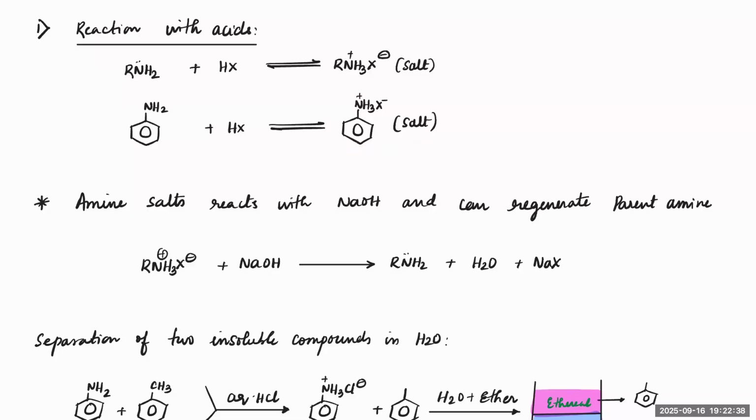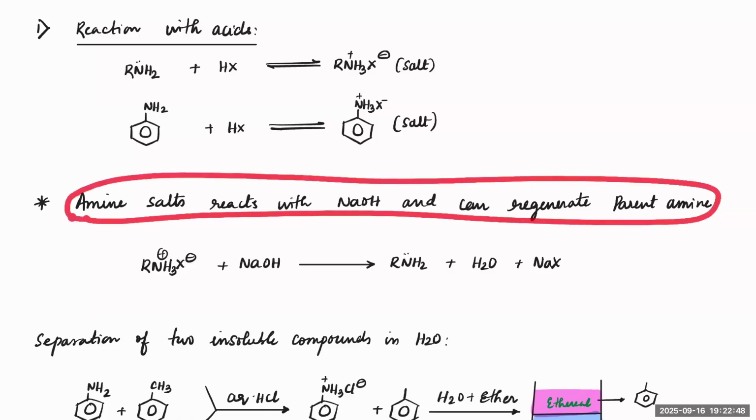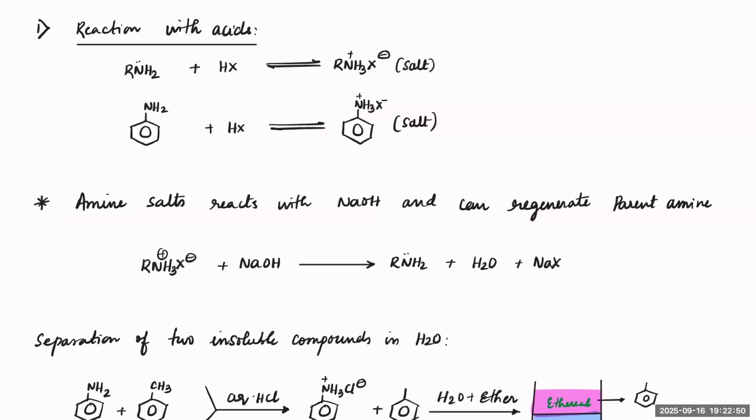These are the salts you will get. Now, amine salts react with NaOH and that can regenerate the parent amine. So this is the ammonium salt reacting with NaOH, and OH minus can again take H plus and convert back into amine. Correct? Salt will form first, then afterwards when you add NaOH you can get aniline back.